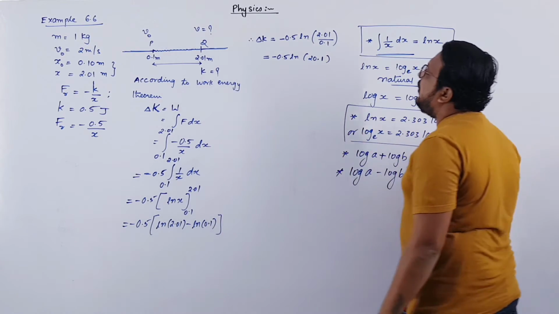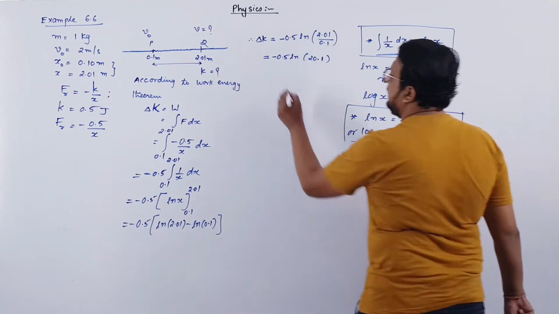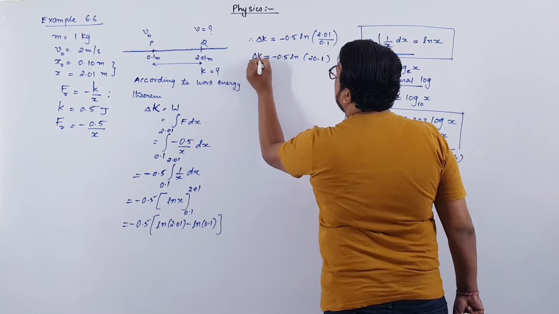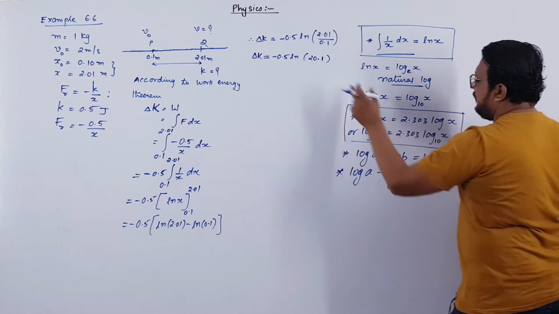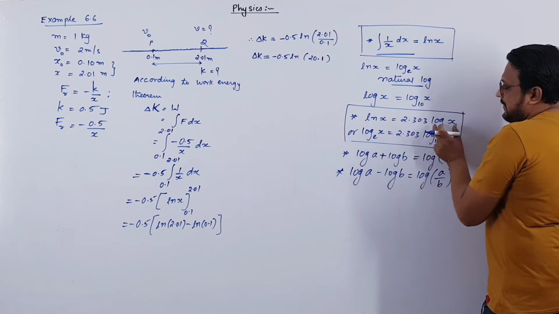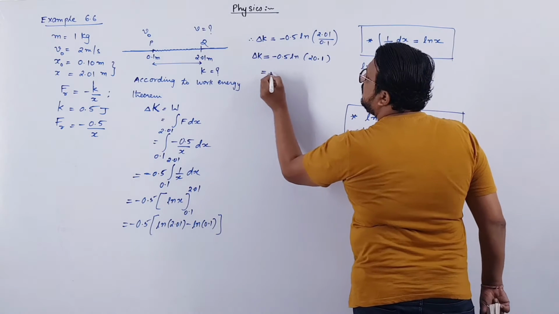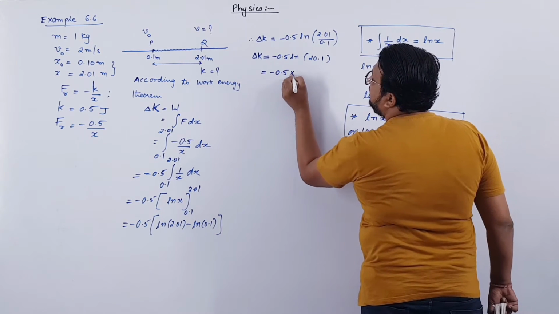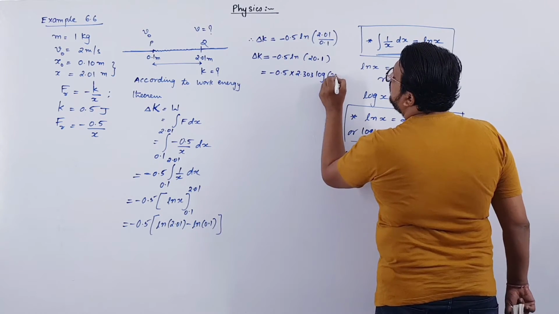This is the change in kinetic energy, delta K. Now this is natural log and we want to convert it into log base 10. How can you convert natural log into log base 10? You have to multiply by 2.303. So this is equal to minus 0.5 into 2.303 log of 20.1.